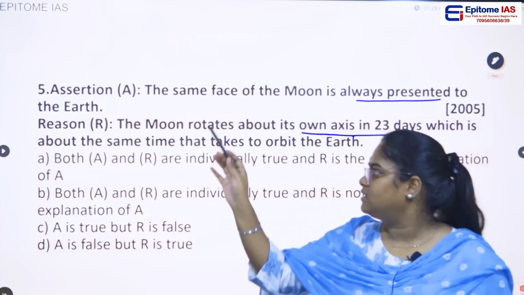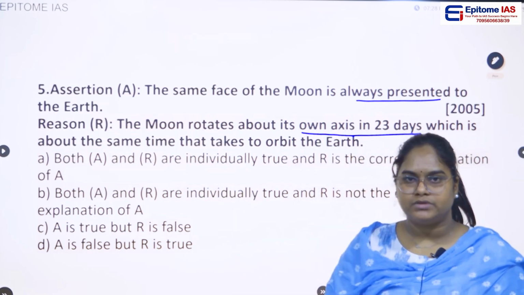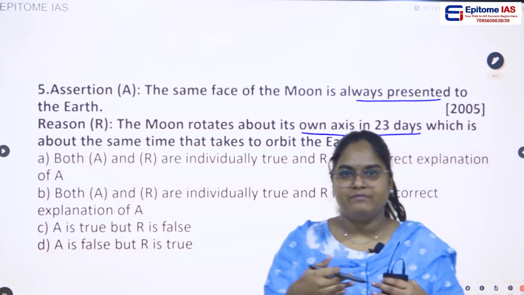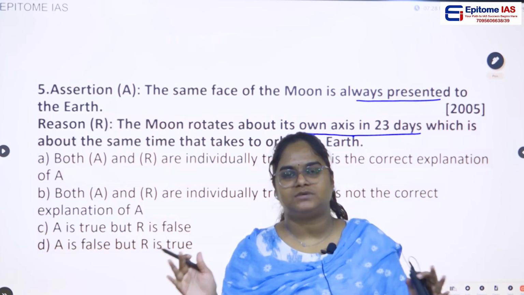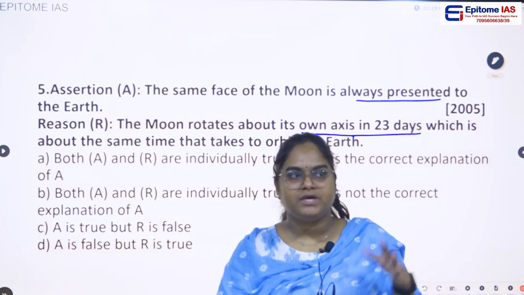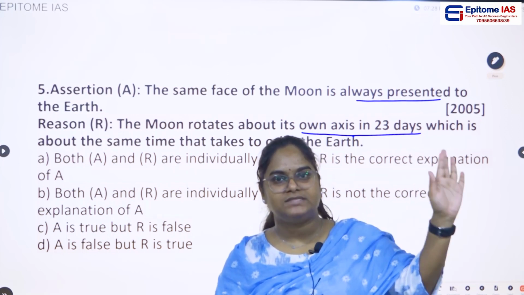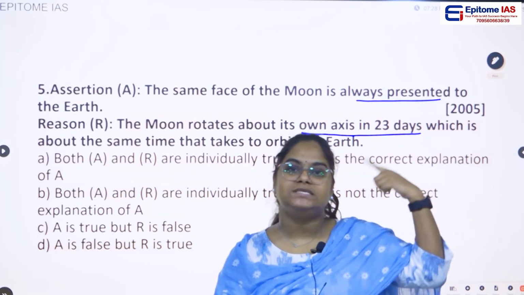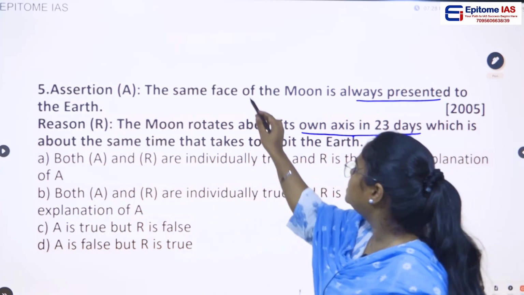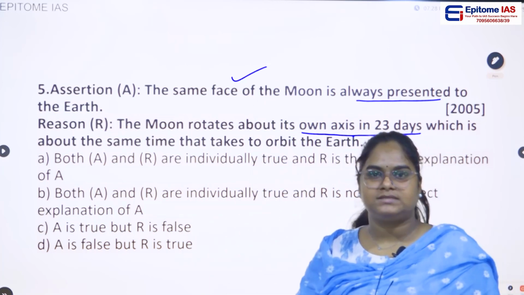So if you see the assertion, they are saying that only the same phase of the moon is always visible to Earth. Is that true? Yes, it is true, because from the Earth we can see only one side of the moon. We can't see the other side of the moon. So this assertion is a correct statement.